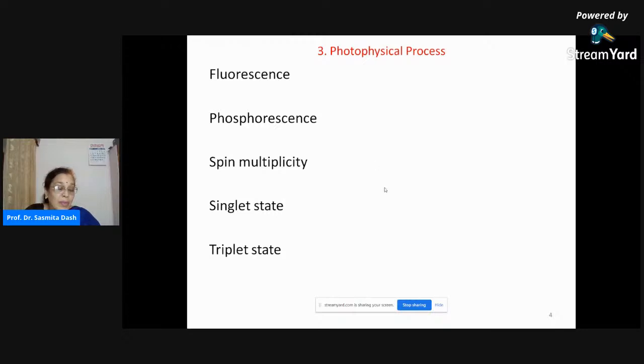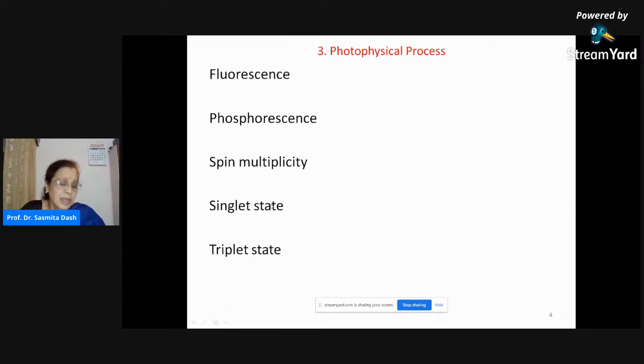So when both the electrons are of different spin, we can say that S equal to 0 gives rise to 2S plus 1 equal to 1, which means that the spin multiplicity is equal to 1, and we call that particular state the singlet state.